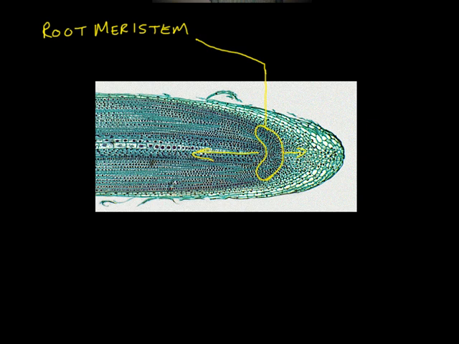These cells out in here form a layer of protective cells, or a protective root cap, and that's what this is referred to as, the root cap. And again, it is basically there to protect the root meristem. So we'll say protects the root meristem.